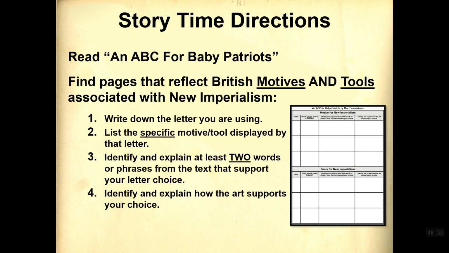You're going to write down the letter that you're using, specify whether it's a motive or a tool being used in that letter, and then explain in at least 2 words or phrases why you think that particular picture supports that choice of it being a tool or a motive. Okay? Identify how that art in that letter supports your choice.